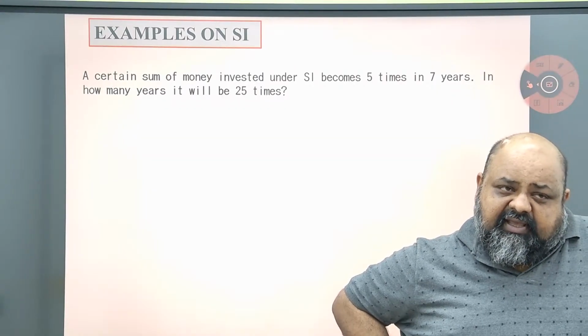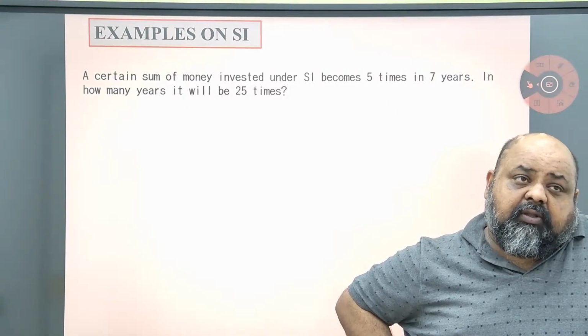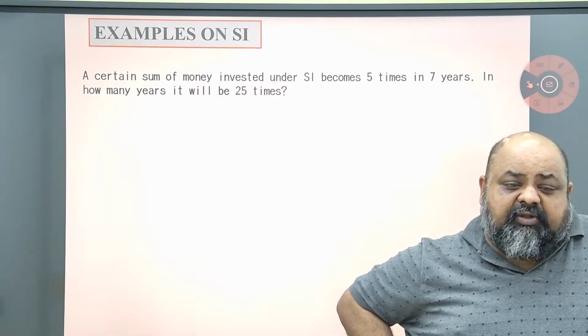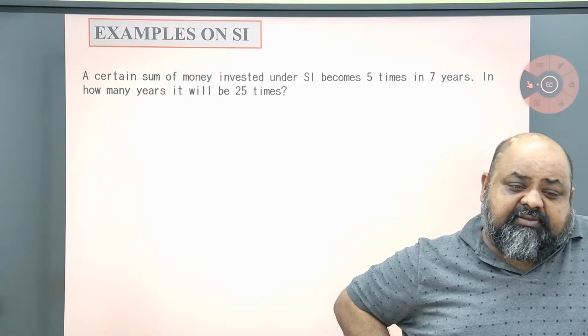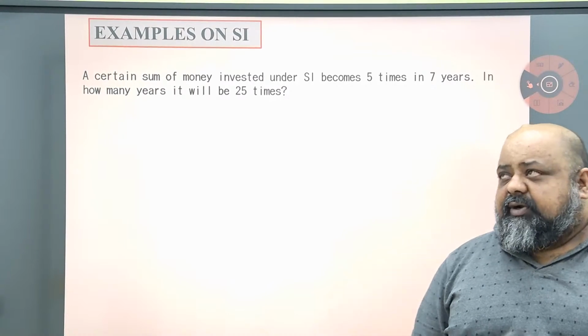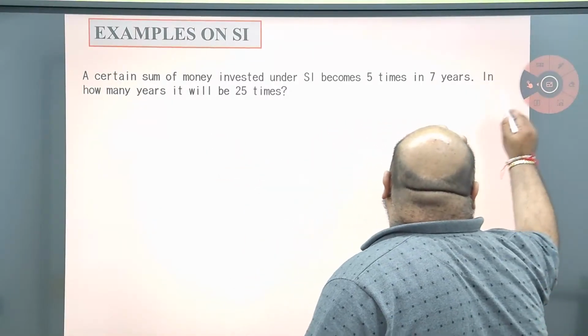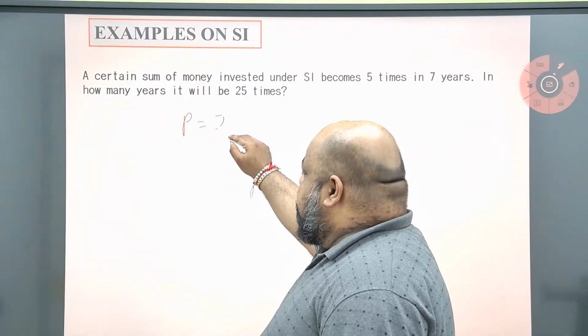So basically, I can assume a principal from which I know the amount in the first case. We know the number of years, we can find out the rate. Using that rate, we can find out the time for the second case. So what I'm saying is, suppose the principal that we are investing is 1000 rupees.